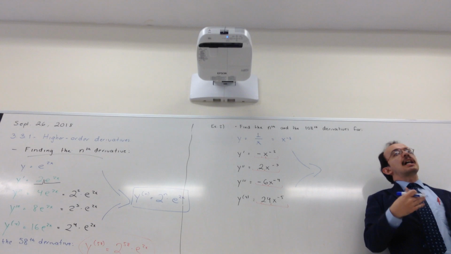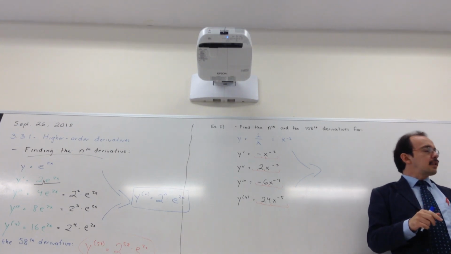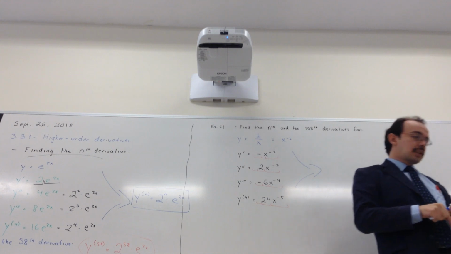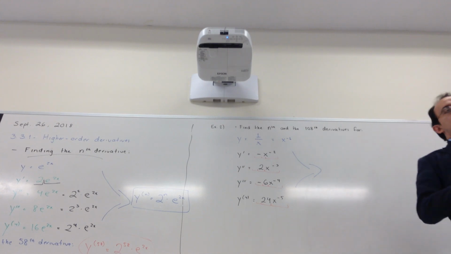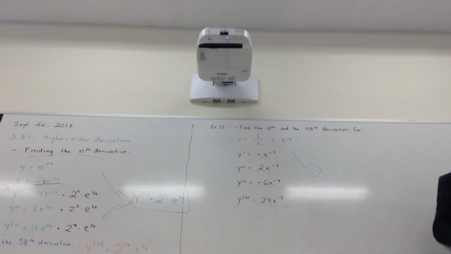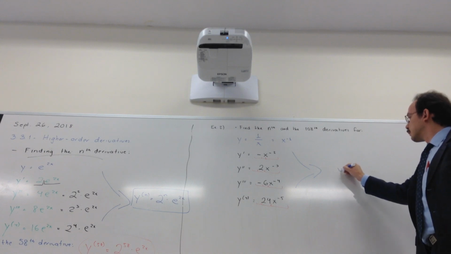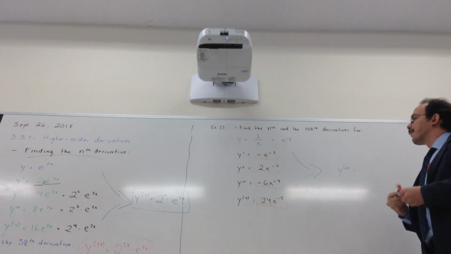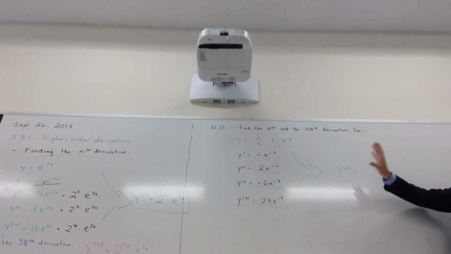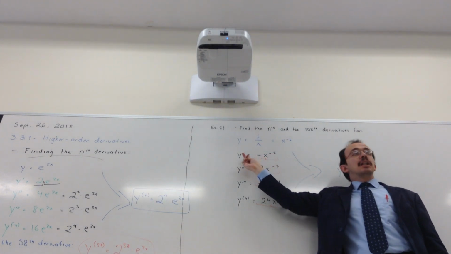So how do I put that as a formula? No ifs, no words, no nothing. Formula. Remember, we need to have something that is related to the level of the derivative.